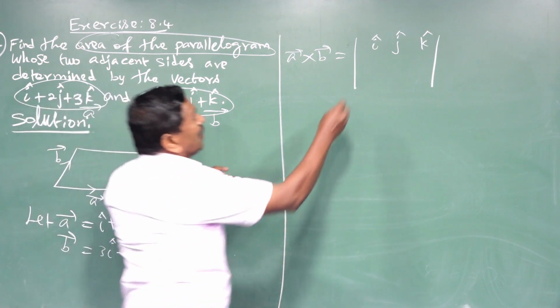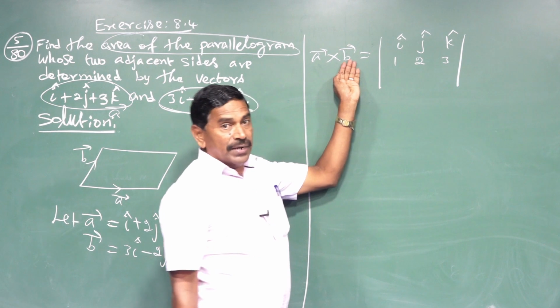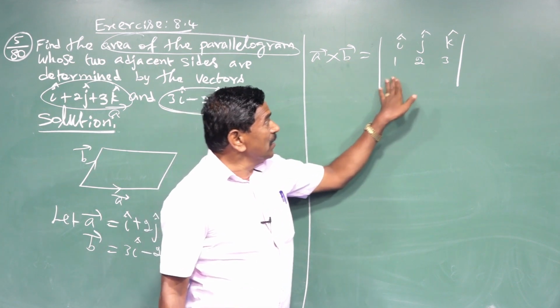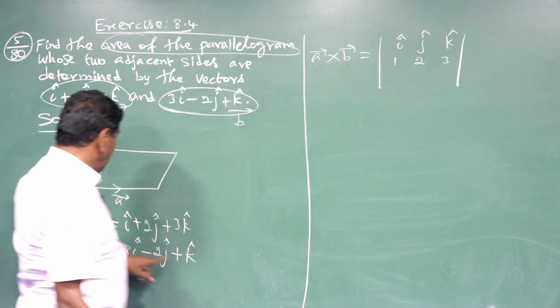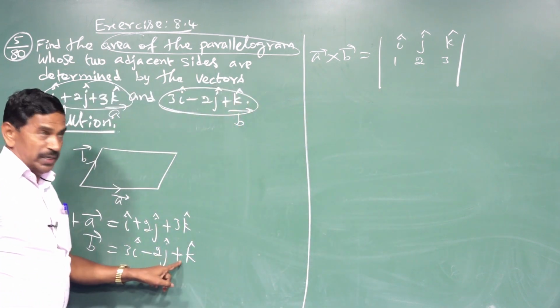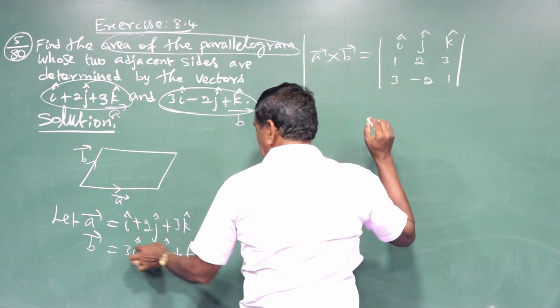Next, the B vector coefficients go in the third row: 3, minus 2, 1.